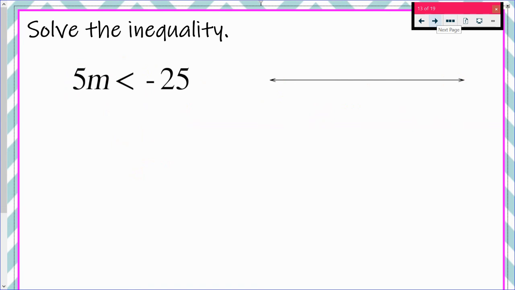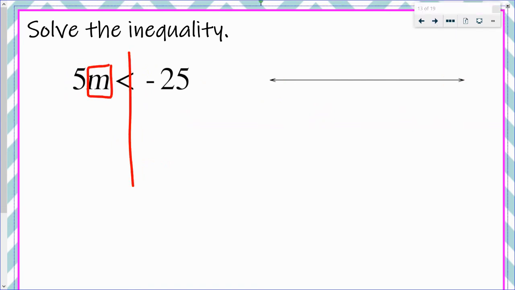Okay. Next, I have 5m is less than negative 25. 5m is multiplication. So the inverse of multiplication would be to divide by 5. So now I have m is less than negative 25 divided by 5, which is negative 5.